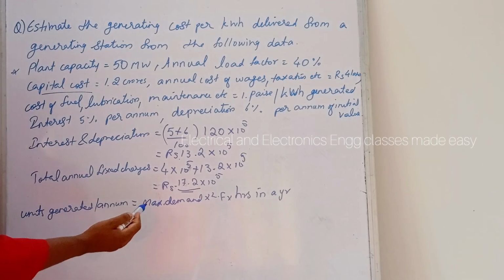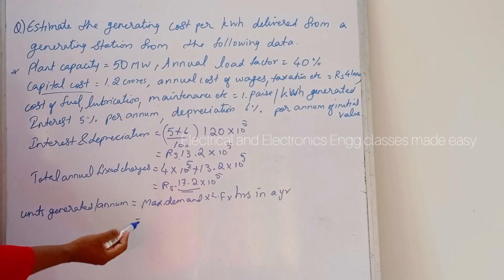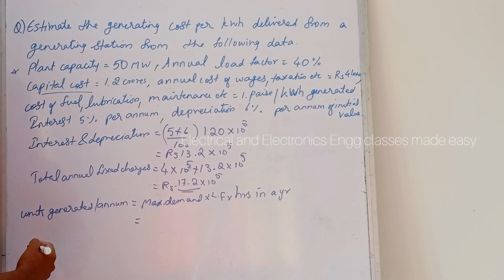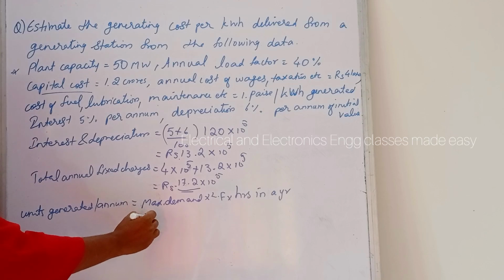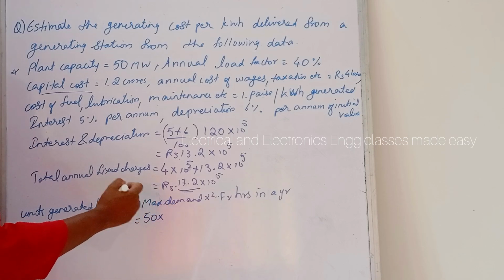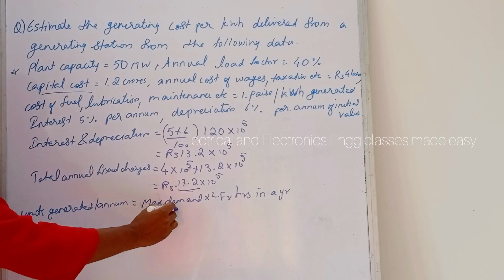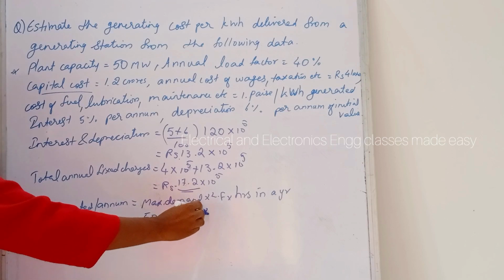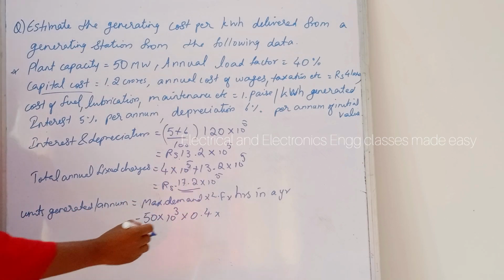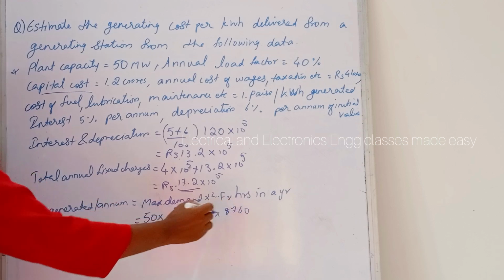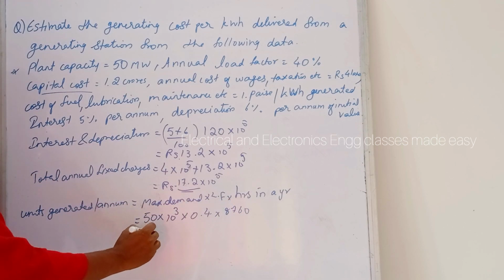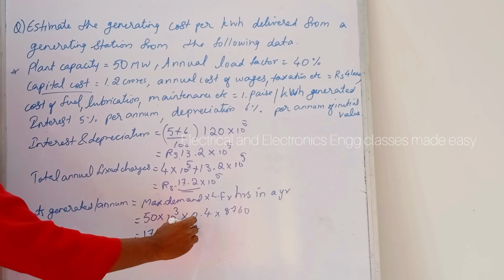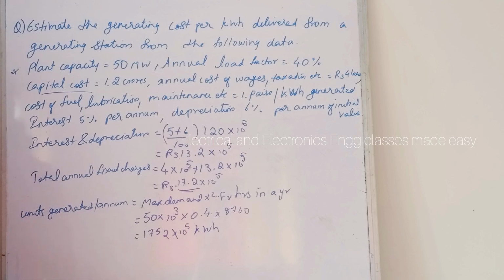If the maximum demand is not given, we can assume that it is equal to the plant capacity, that is 50 megawatt. So it is 50 into 10 raised to 3 kilowatt. The load factor is 40%, that is 0.4, into hours 8760, and we get 1752 into 10 raised to 5 kilowatt hour. So this is the units generated.